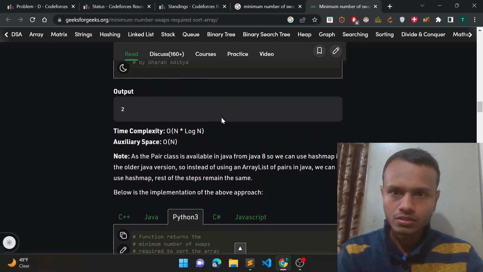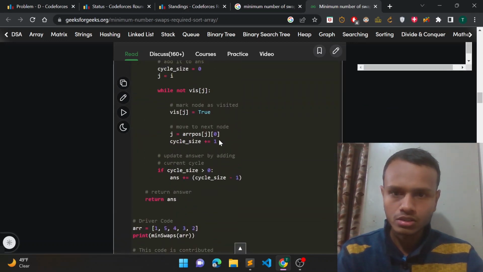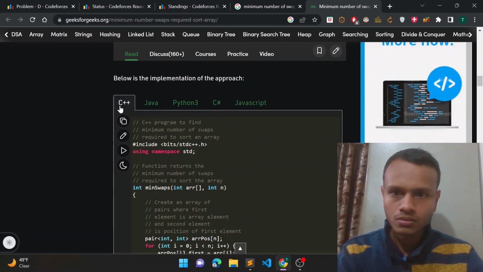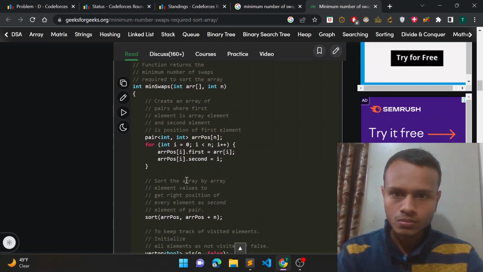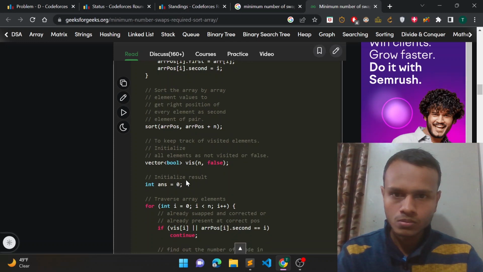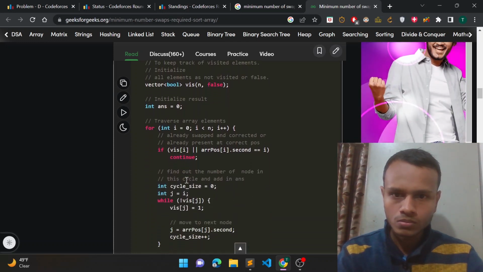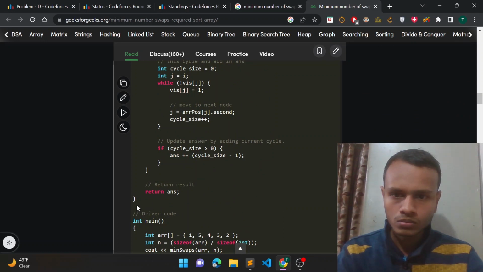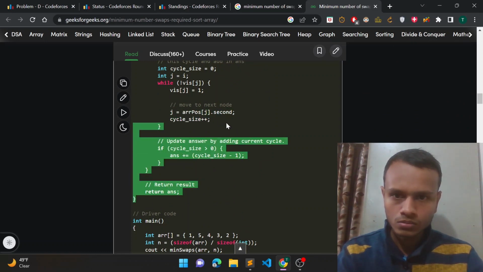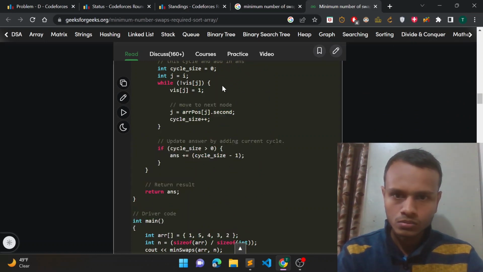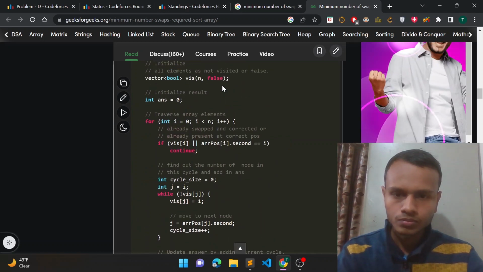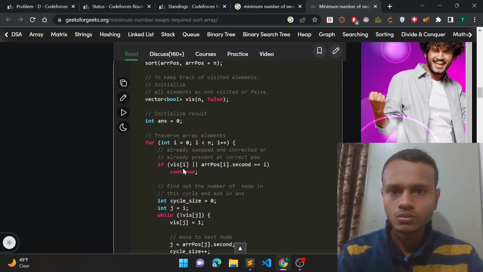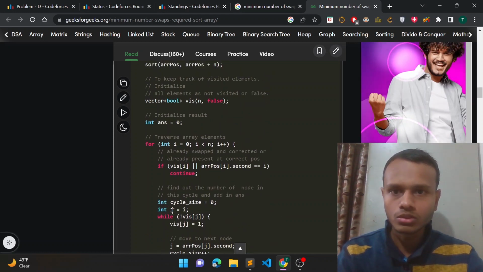Okay, so it is an n log n thing. I think that the solution is also somehow related to this thing.